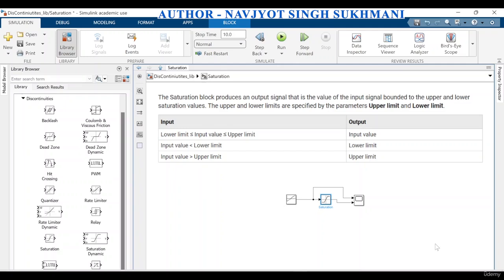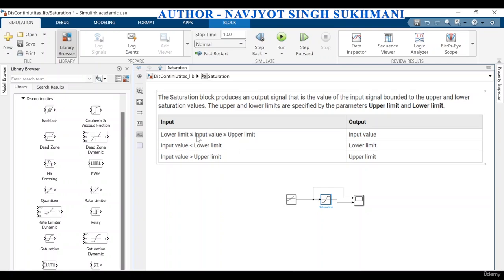The upper and lower limits are specified by the parameters upper limit and lower limit. In the table you can see the input and the desired output. If the lower limit is less than or equal to the input and the input is less than or equal to the upper limit, then the output will be the input value.